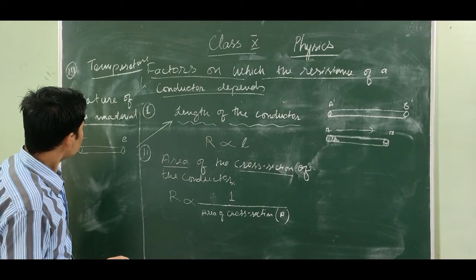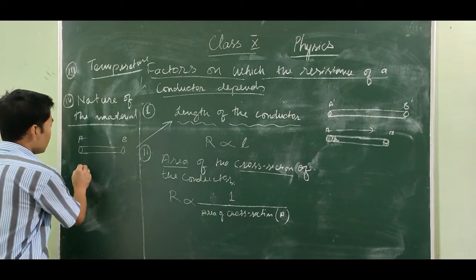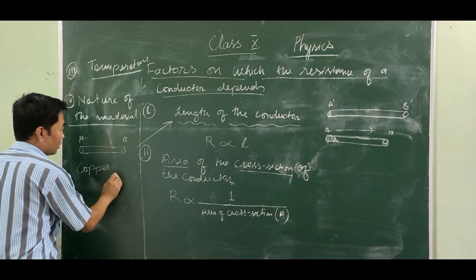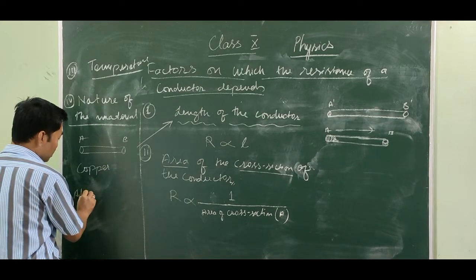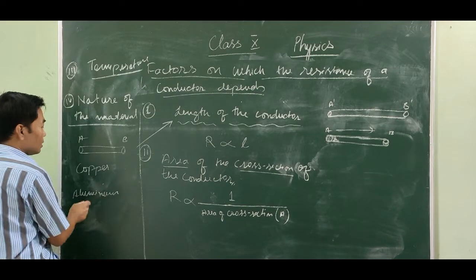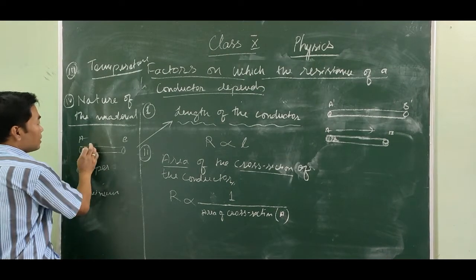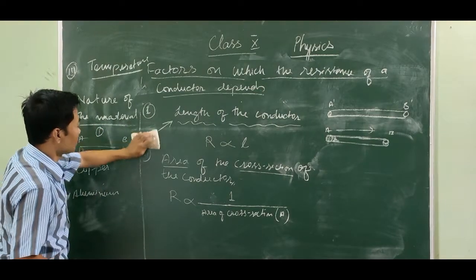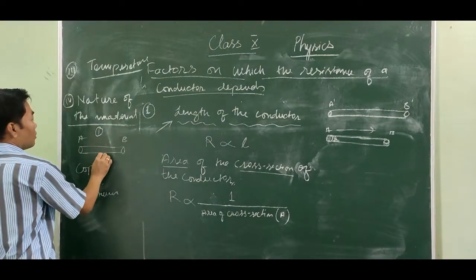Now, for example, copper wire and aluminum. I'll give you one example. So we have two conductors, copper and aluminum. Let's say our first diagram is the copper wire.